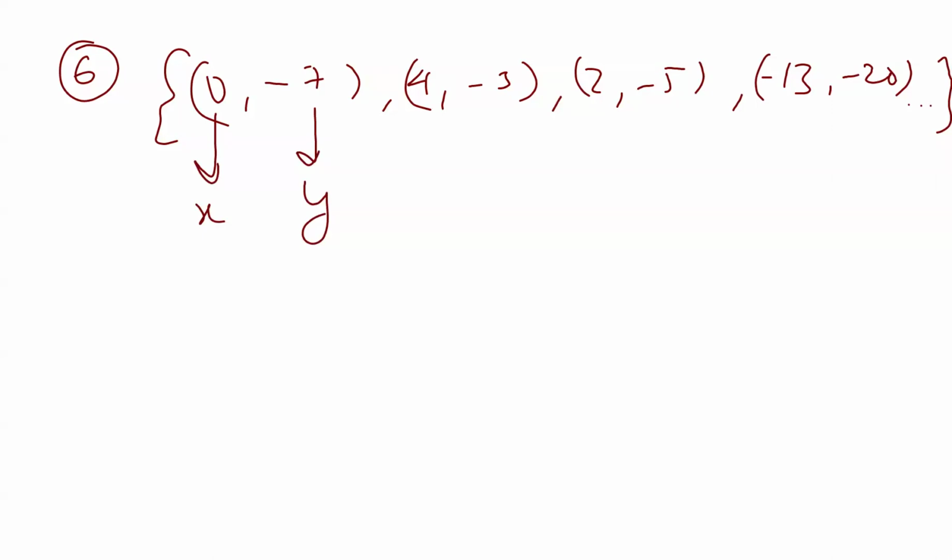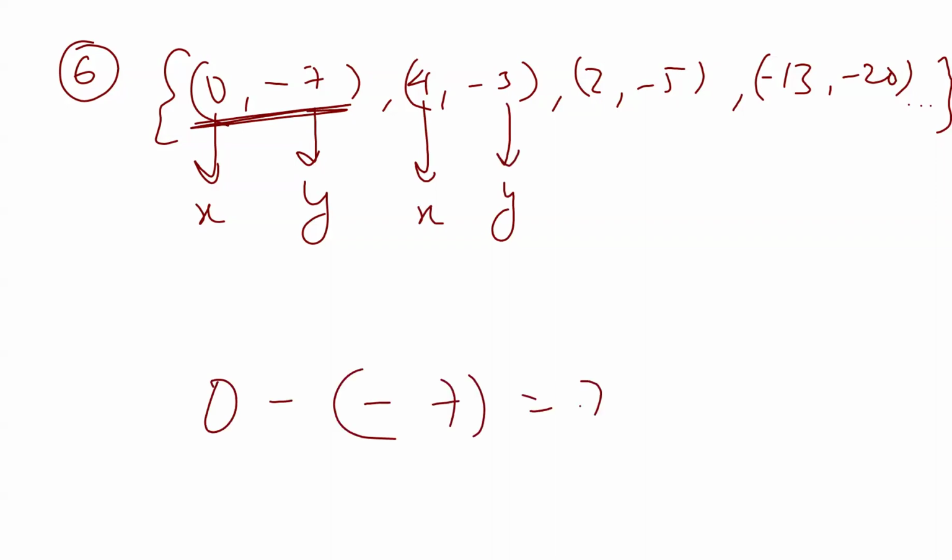So X is 0, Y is minus 7 in the first ordered pair, X is 4, and Y is minus 3 in the second ordered pair, so on and so forth. Now we'll try to find out the difference between X and Y. In the first ordered pair, the difference between 0 and minus 7. So 0 minus minus 7 is 7.